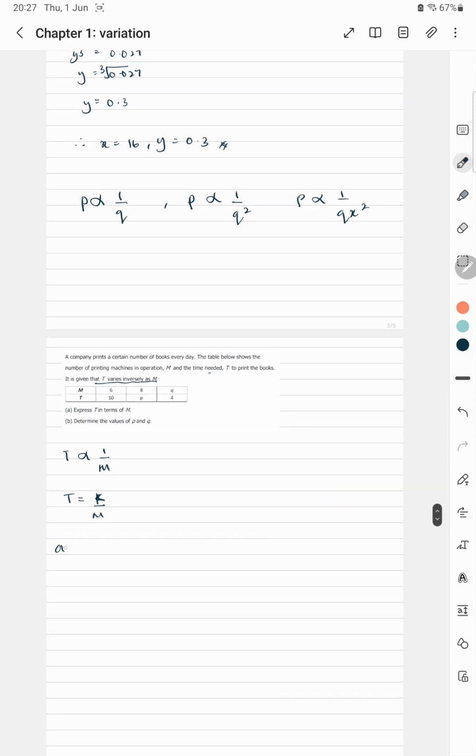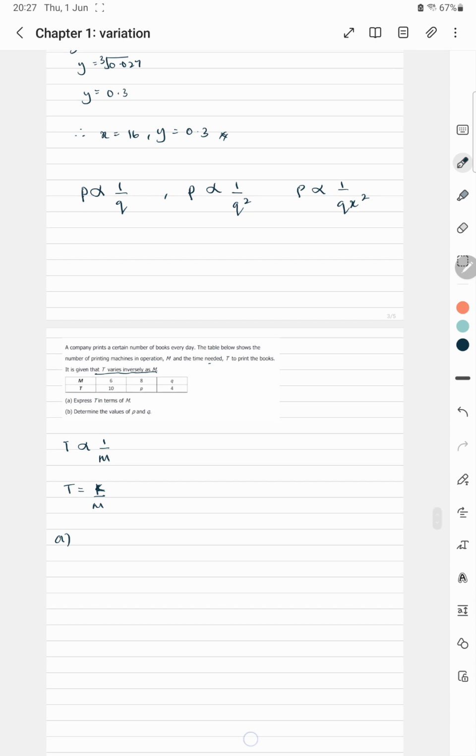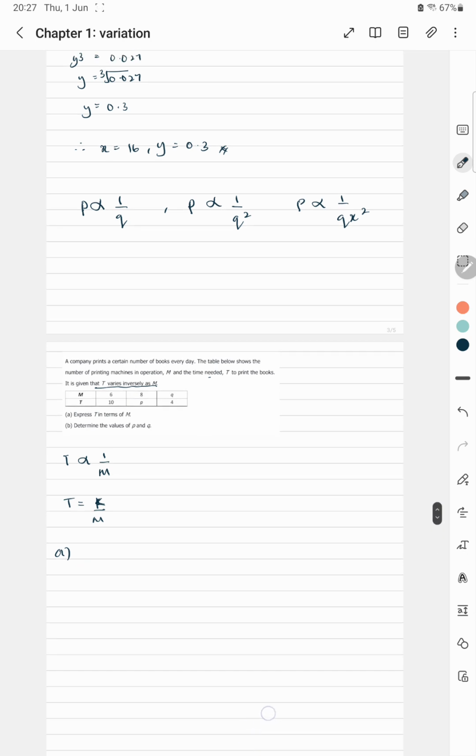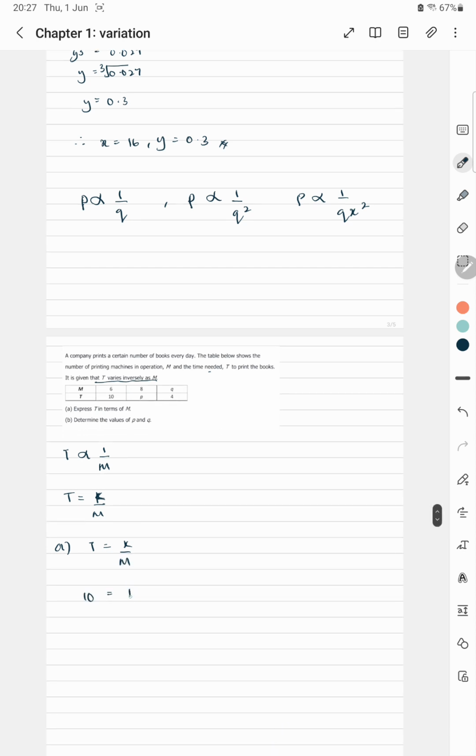Let's go ahead and solve part a. We need to find the k value first. So we substitute these values into this formula. Then we substitute t equal to 10, k which we are finding, and m equal to 6. Then calculate it.